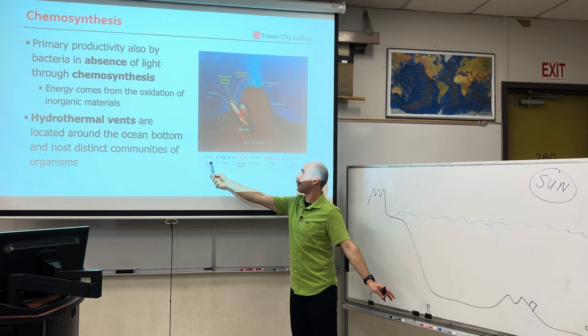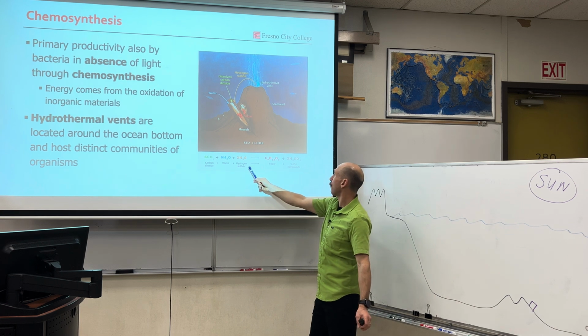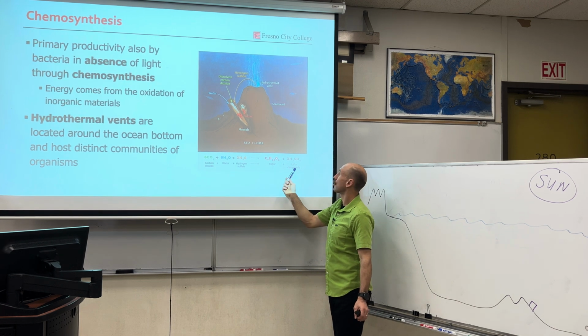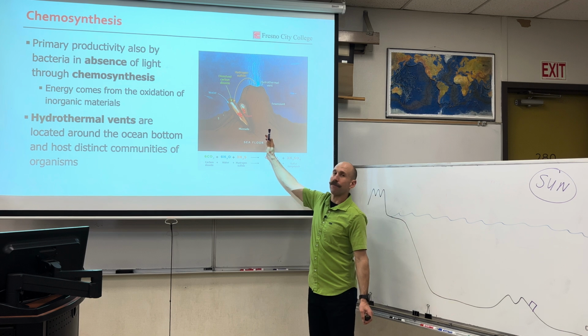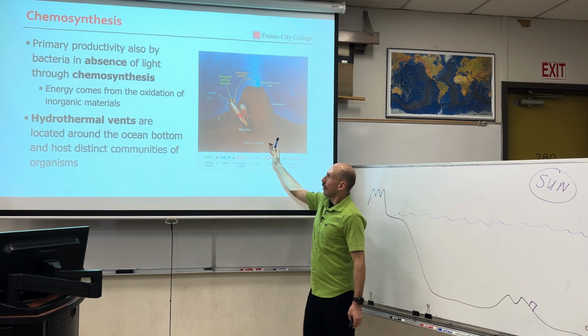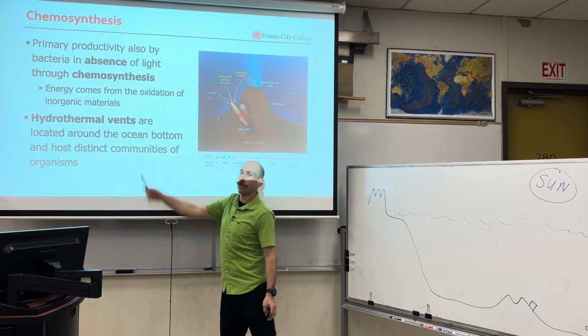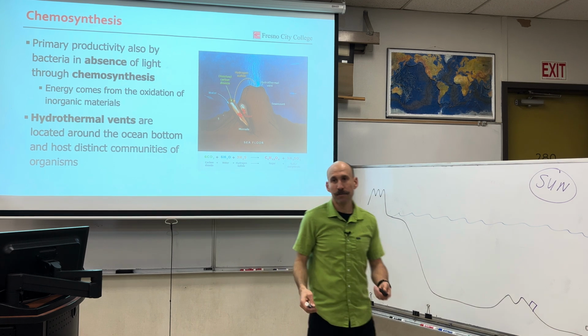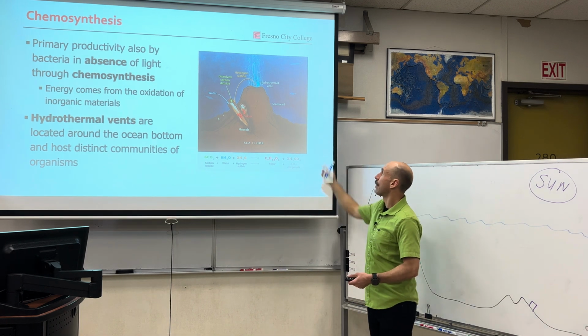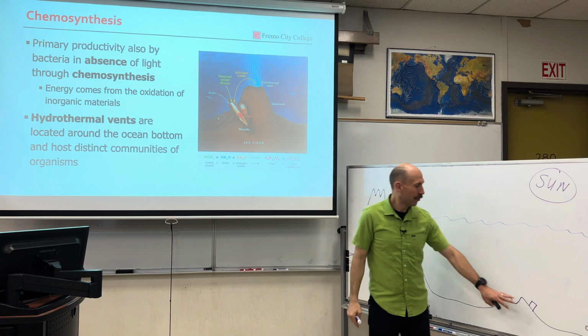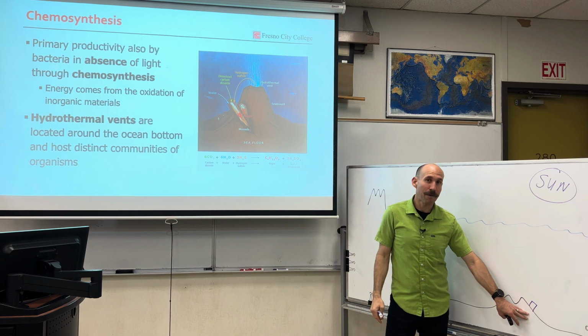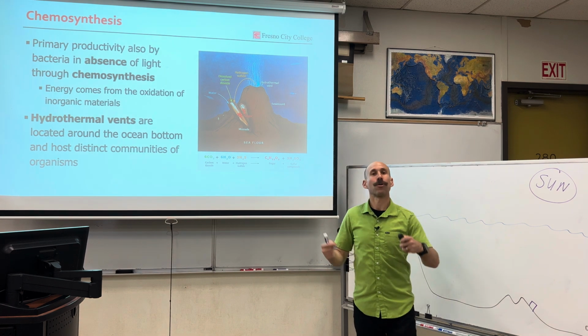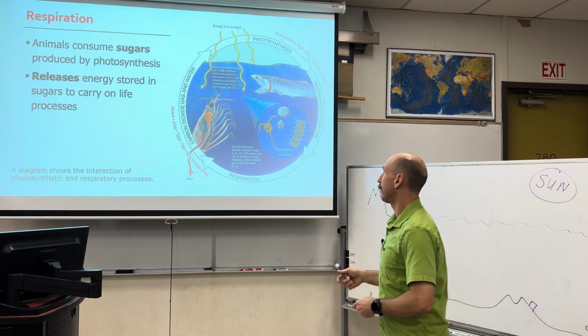So we've got carbon dioxide and water plus hydrogen sulfide yields sugar and sulfur compounds. These are scientifically termed hydrothermal vents. They're also called black smokers because they emit black smoke that comes out of them. Awesome, possibly where life started, but not the majority of primary productivity.